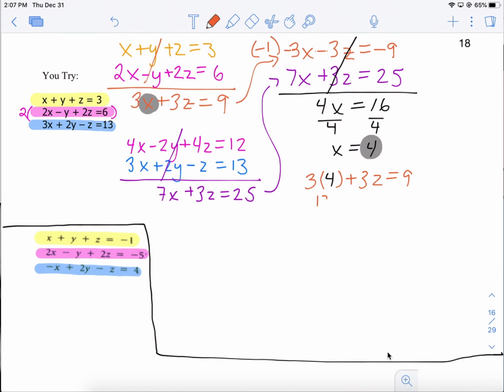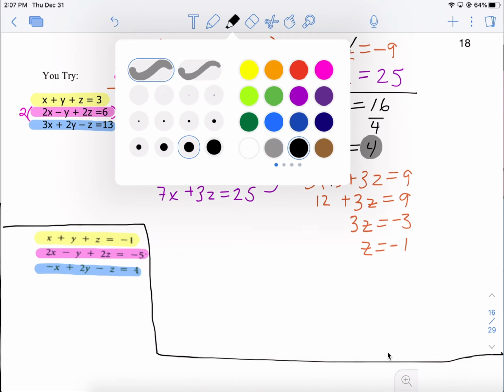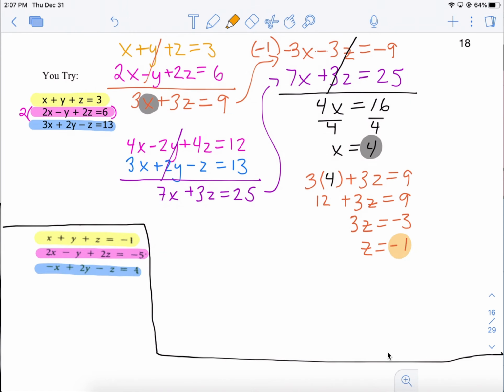So we're going to go 12 plus 3z, again that's a z, equals 9. If I subtract 12 from both sides, I get a -3. And if I divide by 3, I get my z value, which is a -1. Okay? All right, now I have my x is 4, and I also have my -1 for the z.